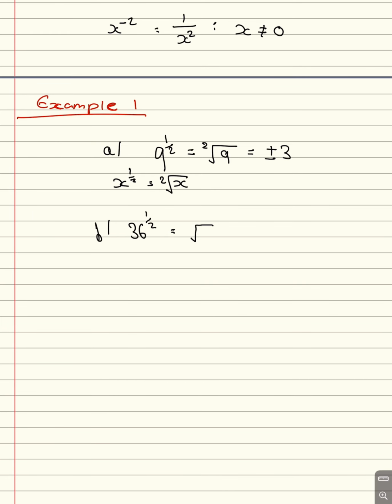And remember, this is because the denominator is 2. The square root of 36 is plus or minus 6. Again, this is because 6 times 6 is equal to 36, and -6 times -6 is equal to 36.